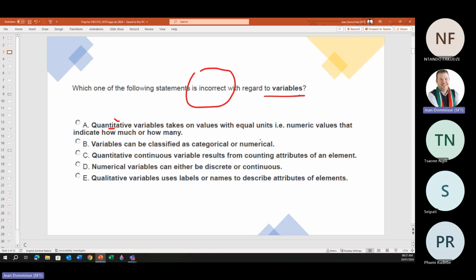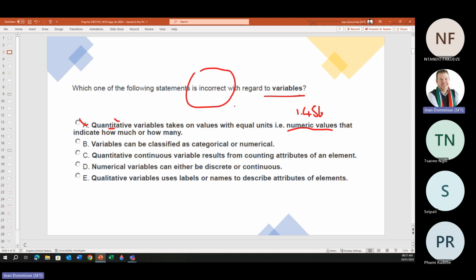So this one is correct. They say numeric values, so remember it can be 1.456. They don't say continuous or discrete, they just say numeric values, so that does include both continuous and discrete. That is why that one is definitely correct.